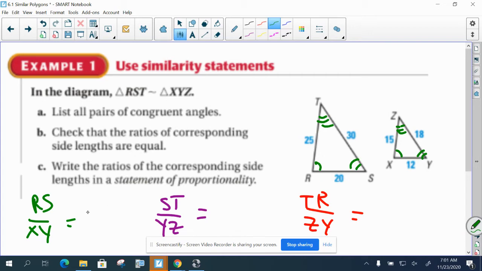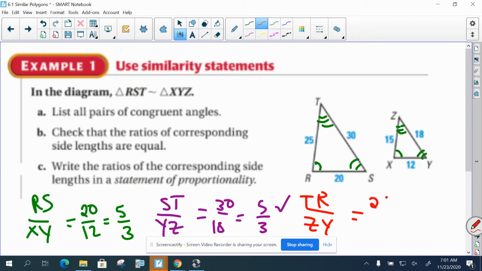So 20 over 12, those are both divisible by 4, so 5/3. Okay, so then we want to check that all the other ones are 5/3. So 30 over 18. Those are both divisible by 6. That would be 5/3. So that checks off. And then the other one is 25 to 15, both divisible by 5. So we get 5/3 again. All right, so we proved part B.